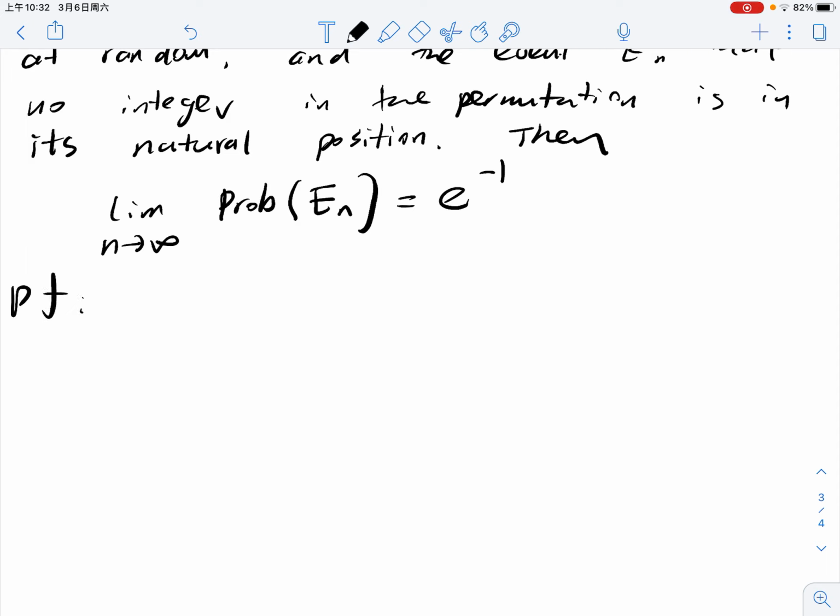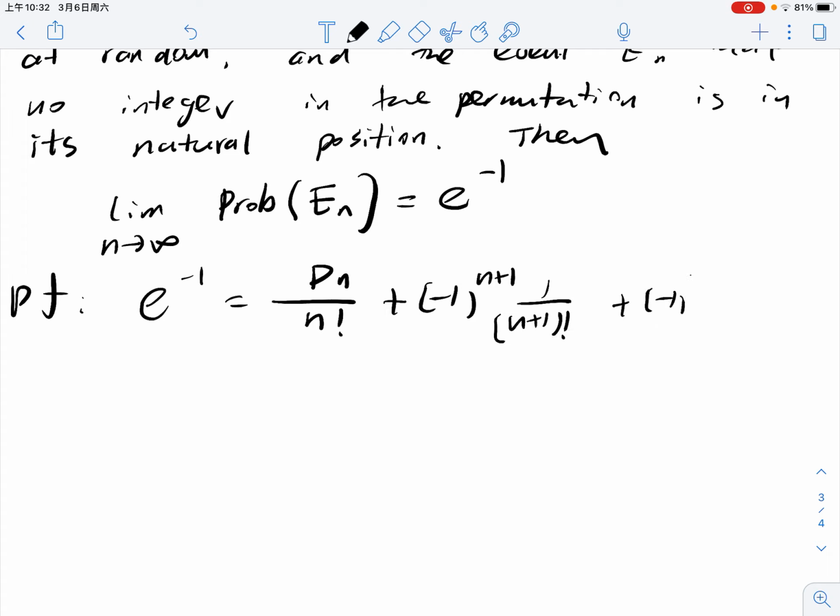The proof is quite easy. So actually, as we said before, exponential minus 1 can be written down as dn over n factorial plus minus 1 to the n plus 1, 1 over n plus 1 factorial, plus minus 1 to the n plus 2, 1 over n plus 2 factorial, plus all the way on.